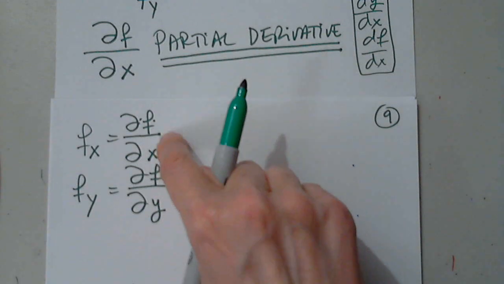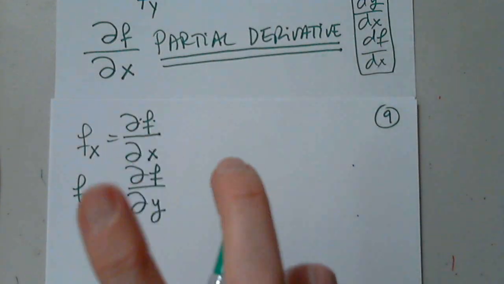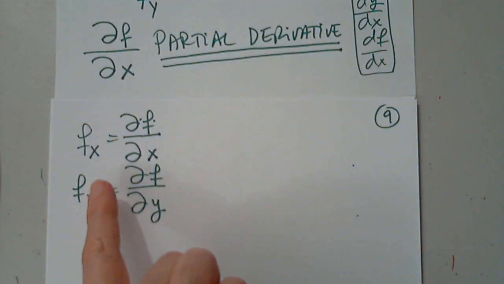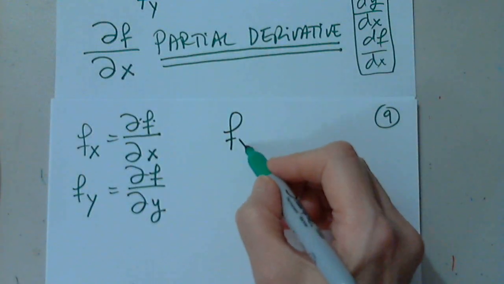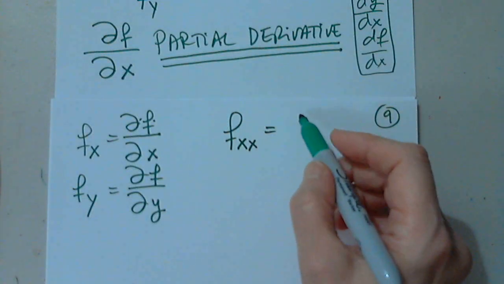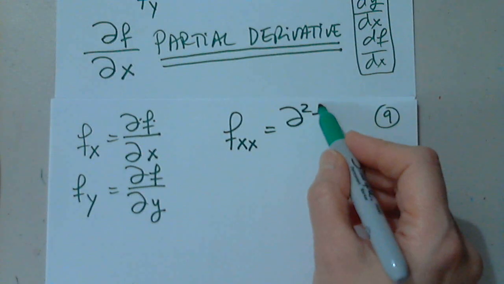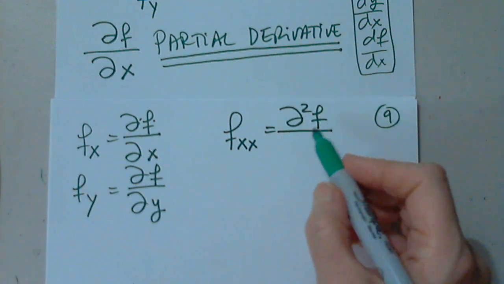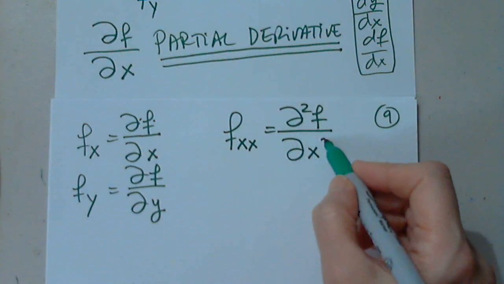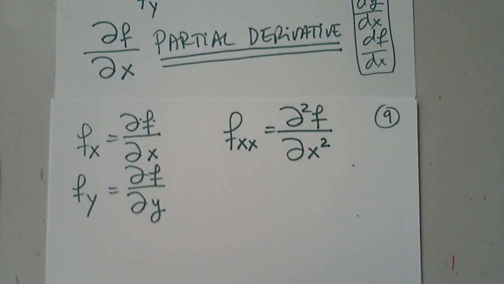Also, I can differentiate this twice with respect to x. So that will be fxx, which means the second partial derivative of f with respect to x twice.